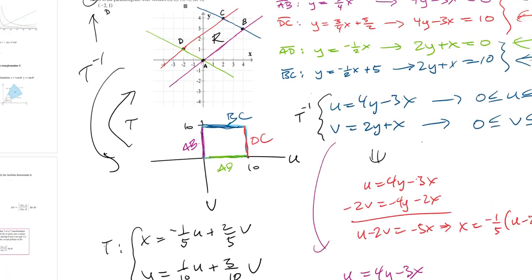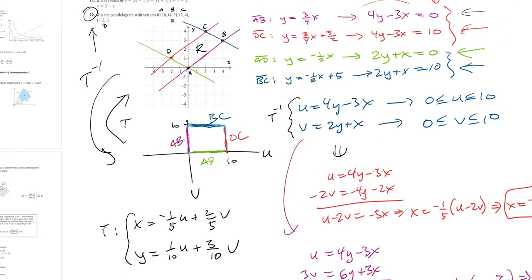All right, so in the context of this, T goes from the u and v to the x's and y's. We're taking u's and v's and converting them to x's and y's. So that is our transformation from the simple to the more complex one.